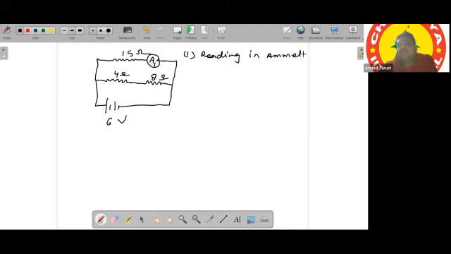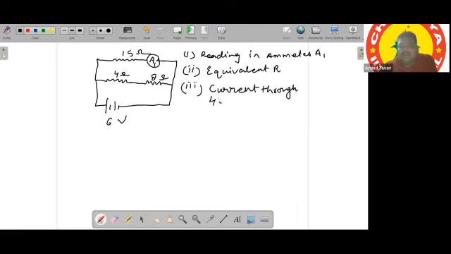What is the reading in the ammeter A1? You need to find out the equivalent resistance. You need to find out the current through the 4 ohm resistance. Again, very simple questions are these.